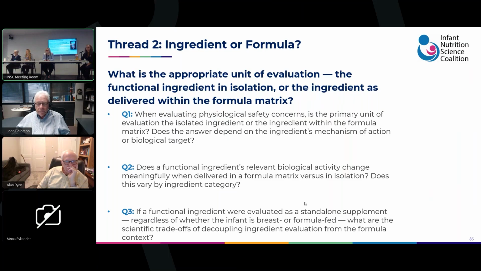But I think if you are, it's a major concern. I think you can use it to support safety, but it's not enough alone because the matrix effect is important. I've been getting more feedback from FDA when I am summarizing the literature to support the safe use of something in infant formula. They're asking us to describe the matrix. So what is the protein source, for example? Because that's an important part of the intended use of your ingredient in your infant formula. Is it cow's milk based? Is it goat milk?